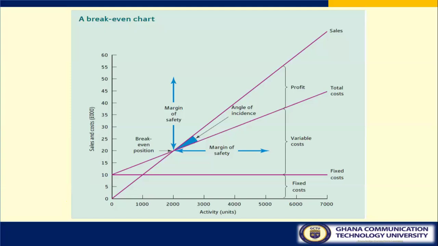So, for example, if the total cost of producing a mobile phone is 10,000 Ghana cedis, and we produce about 10 phones and we are selling them, and we've sold about 2, so we got 10,000 Ghana cedis.